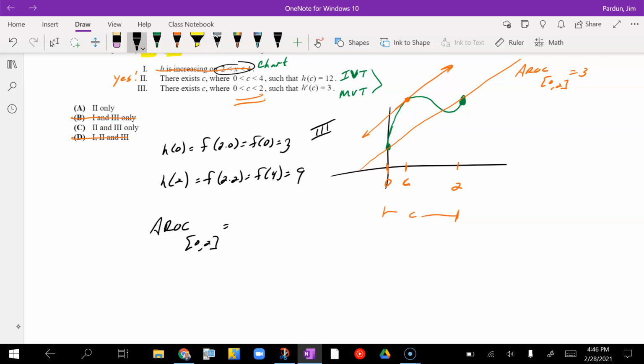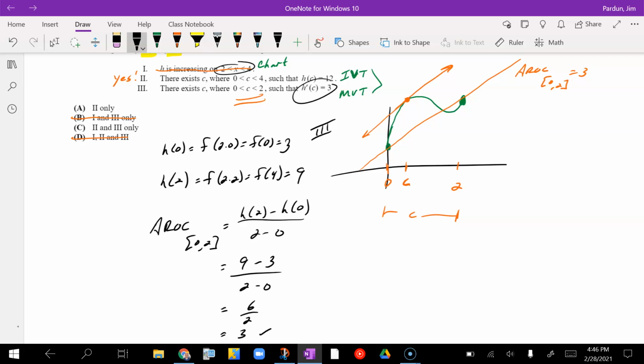The average rate of change of h of x from 0 to 2 is h of 2 minus h of 0, over 2 minus 0. So h of 2 we found to be 9, and h of 0 we found to be 3, over 2 minus 0. So that's 6 over 2, which is equal to 3. Boom.